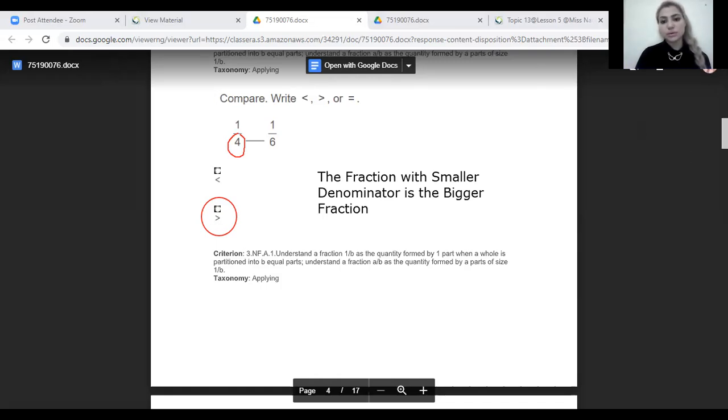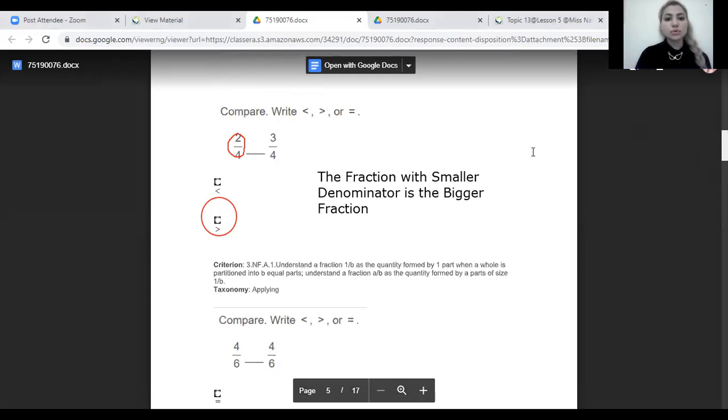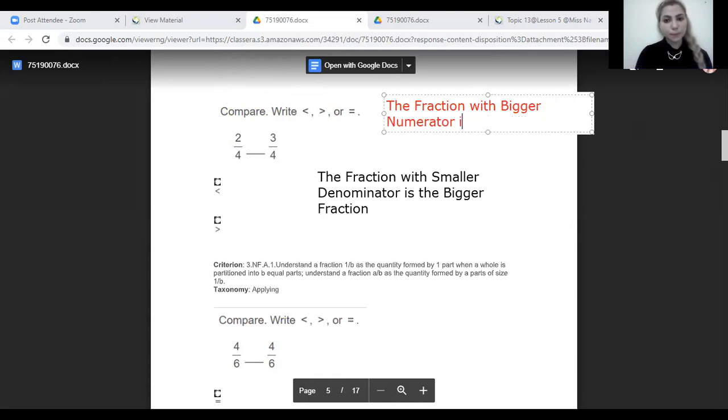Let's go to the next question. 2 out of 4 and 3 out of 4. What is the other rule I have? The other rule I have is that the fraction with bigger numerator is the bigger fraction.